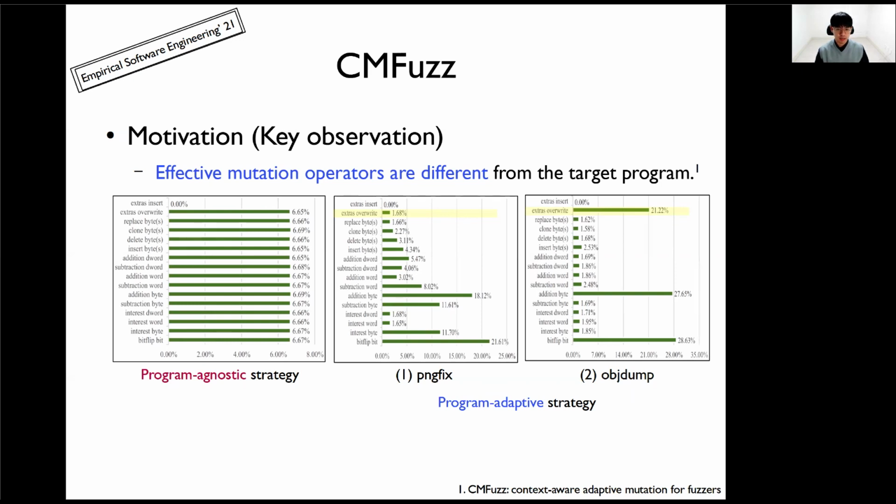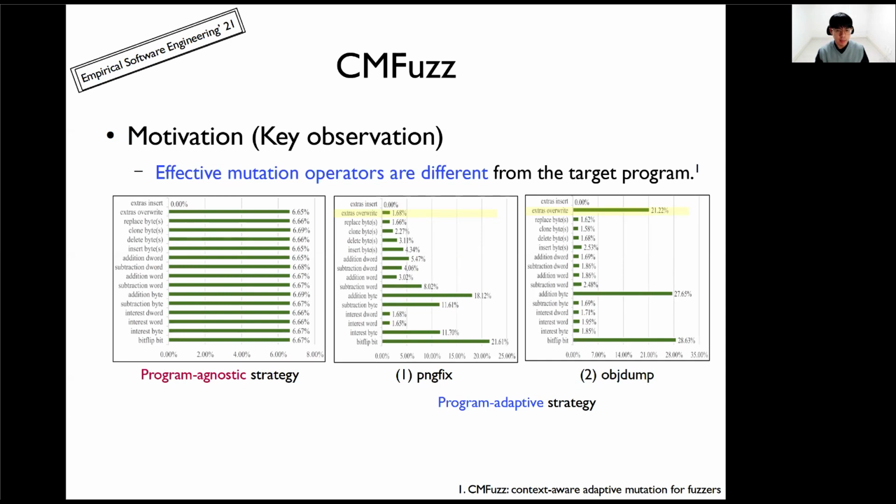So their adaptive strategy successfully assigned very different probabilities to each mutation operator depending on the target program, like the figure on the right. As you can see in these pictures, when testing PNG fix, the sampling probability of the second operator, extra override, is only about 1%.